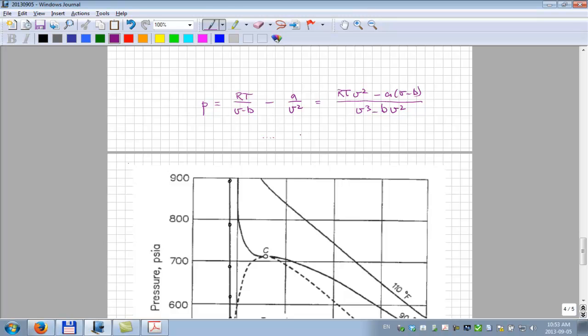And you can go on, and you'll end up with an equation with a term in V cubed, plus a second term, plus this, plus a constant equal to 0. You'll end up with a cubic equation in volume.